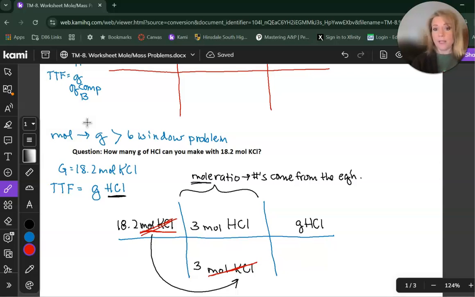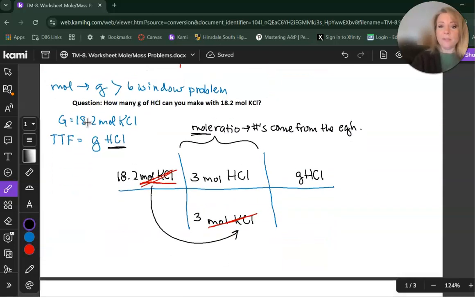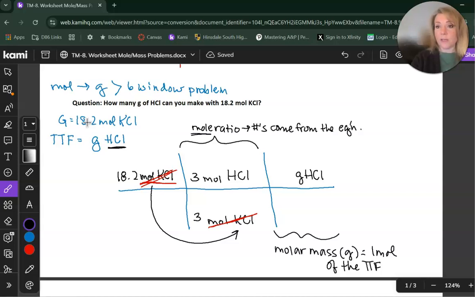Now we have to fill out our final section. Our final window section here is simply the molar mass in grams is equal to 1 mole of the trying to find compound.